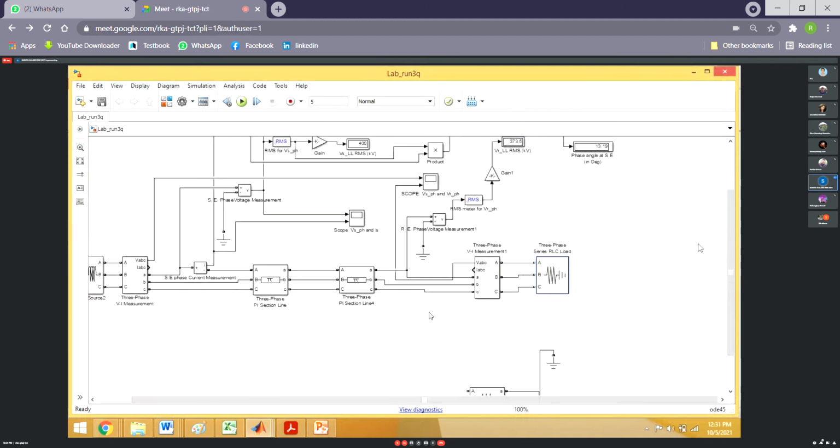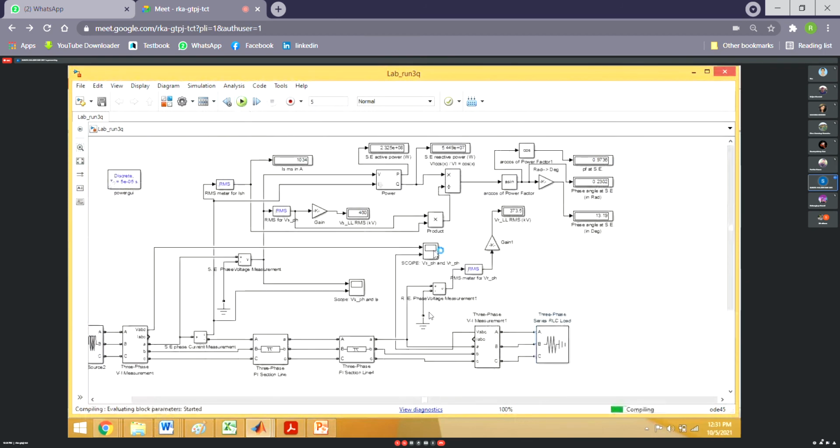So at 800 megawatt, what can we expect? The sending end voltage and receiving end voltage will now drop, and the power factor at the sending end will be lagging since it is a heavy loading condition. So the inductive lagging current flowing in the line will come.